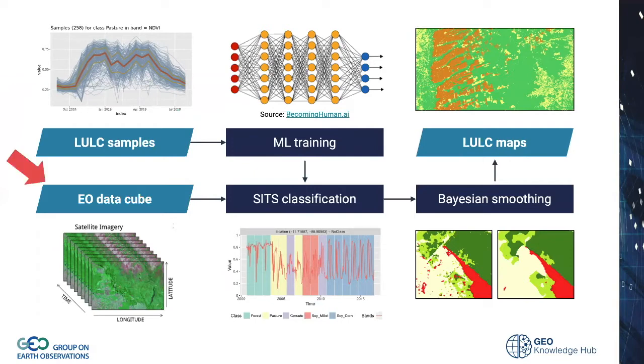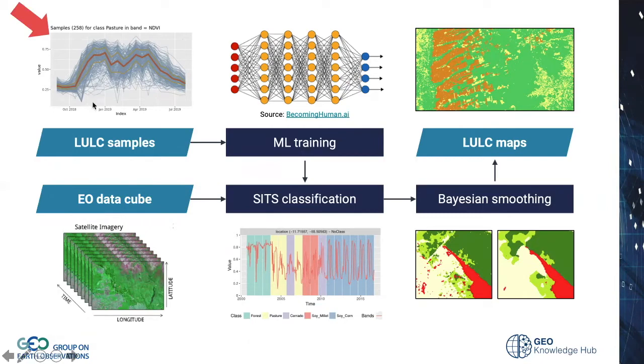They are temporal composites created by a best pixel algorithm. We use land use and land cover samples obtained by specialists using high-resolution images. So, from the data cubes, we extract the time series for each pixel associated with the samples.